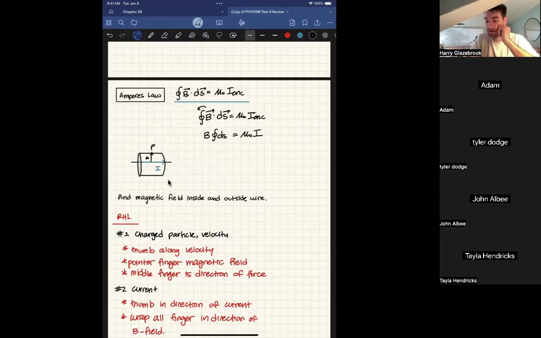So I have a cylinder here. If I were to walk all the way around, it would just be the circumference of a circle, which is just 2 pi a. Mu naught I enclosed, which is I. If I divide both sides by 2 pi a, I get B equals mu naught I over 2 pi a.